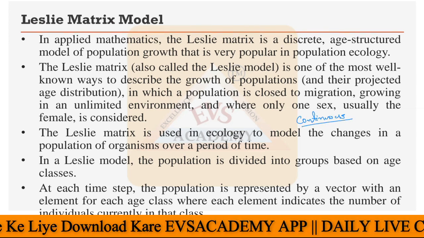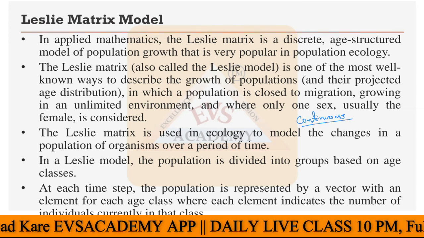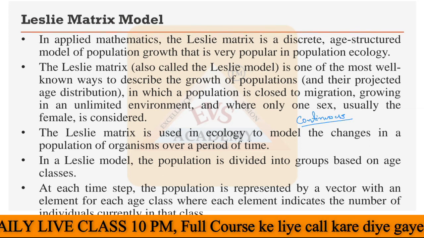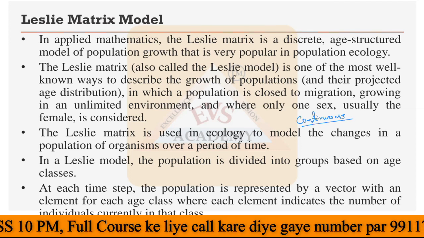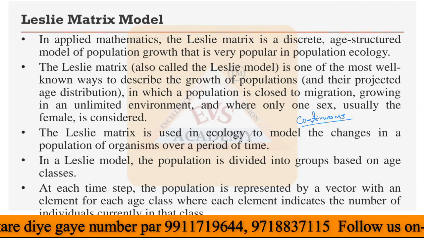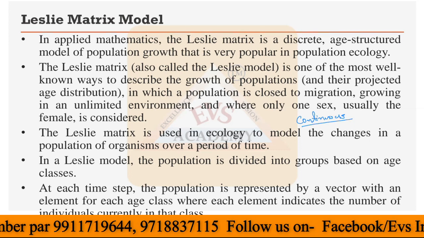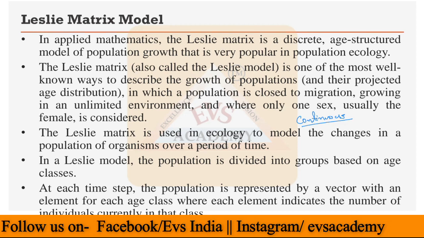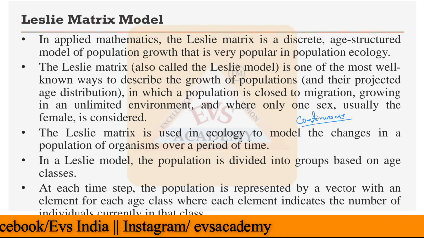But in the continuous data set or continuous numbers, the data can be present in decimal value as well. For example, if I ask you, what is the average height of the students present in this class? The average height of all the students can be a continuous number, a decimal number.